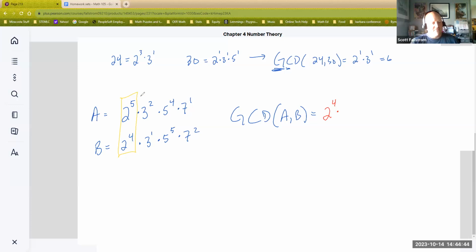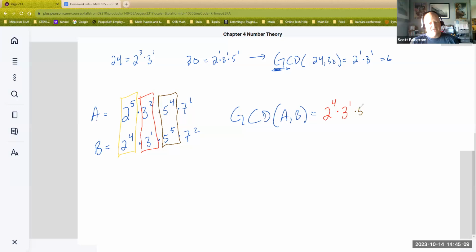Next up, we'll move on to the 3's. What's the greatest amount of 3's in both numbers? And the greatest in both numbers is just 1. Next up would be the 5's. Here's the 5's. Now, what's the most 5's that are in both numbers?